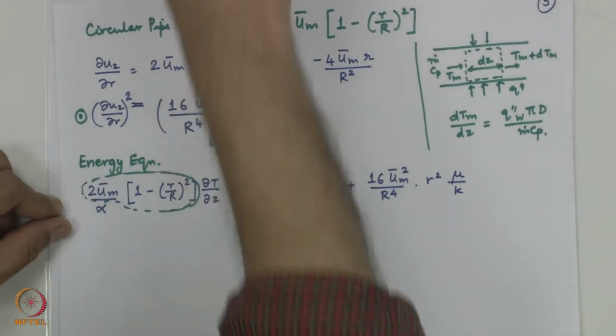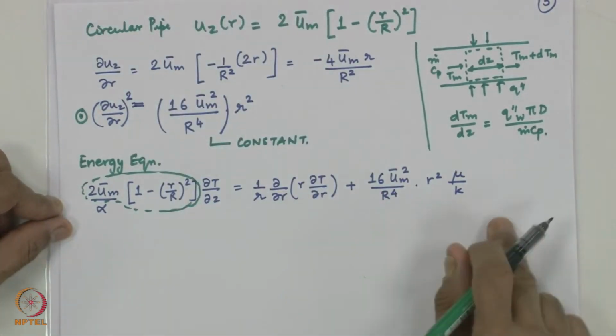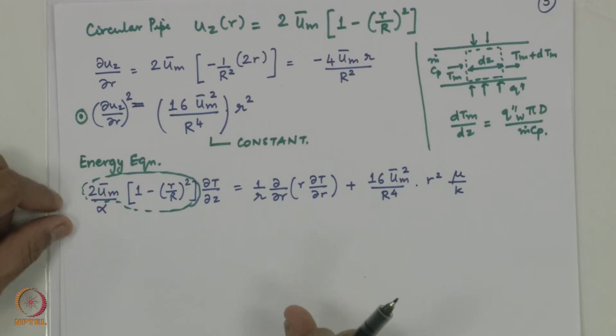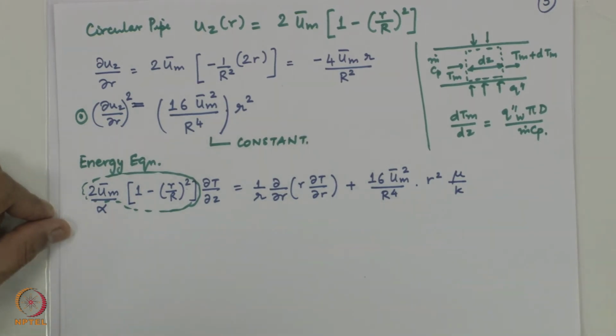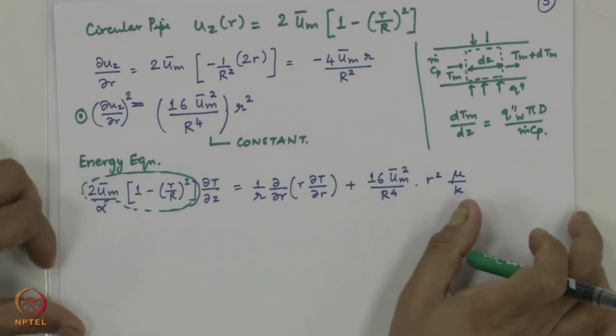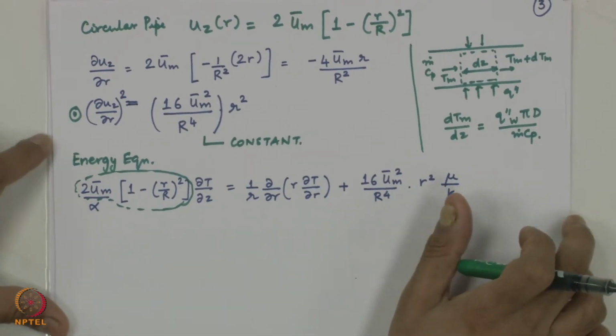Let us manipulate the governing equation. We can substitute this, but the problem is that when I do this, it is not going to be very easy to solve. When we did it without viscous dissipation, this worked. Now this is not going to work.